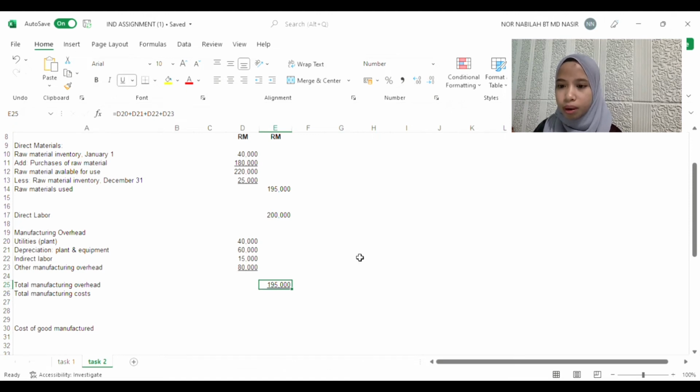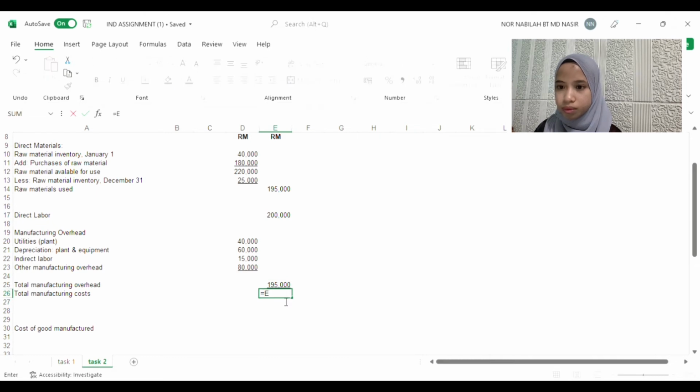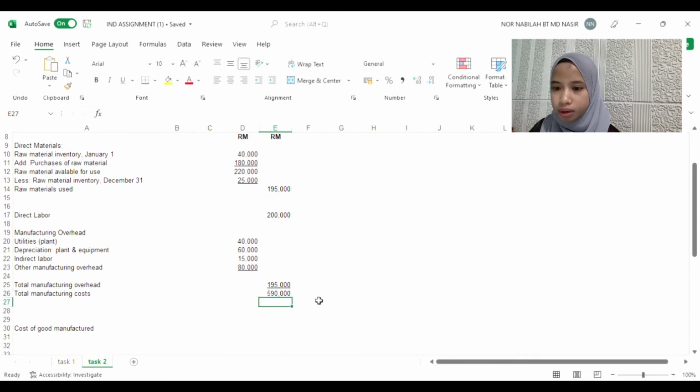For total manufacturing cost: raw material used plus direct labor plus total manufacturing overhead, and the total is 590,000.